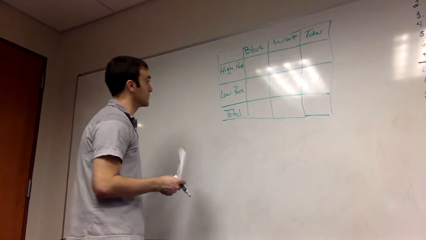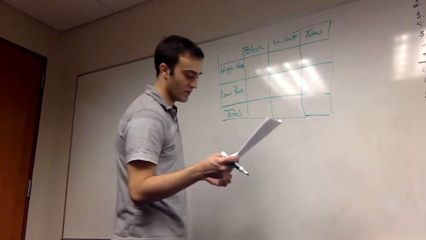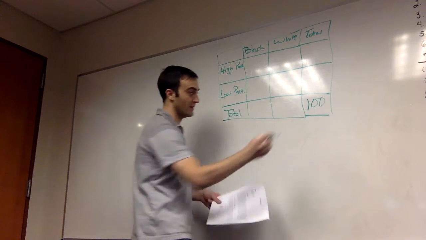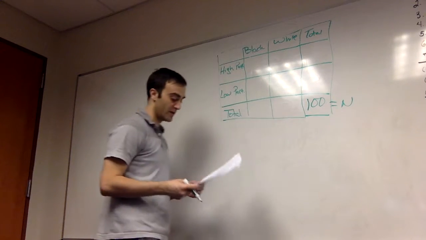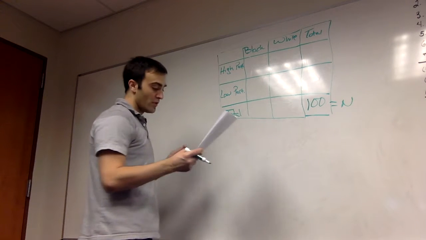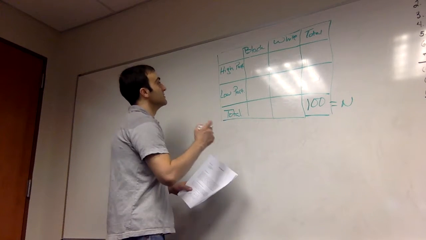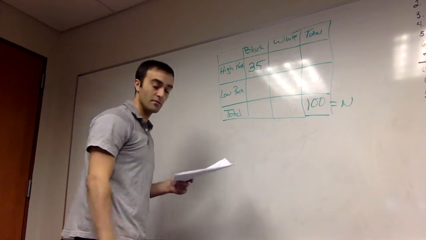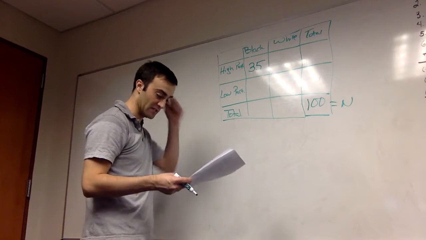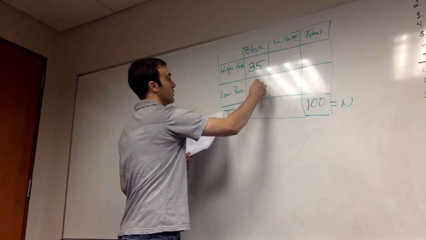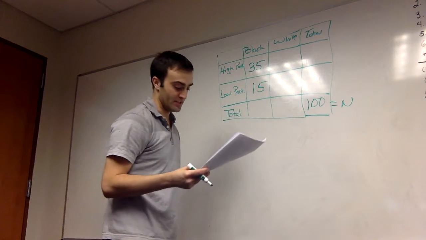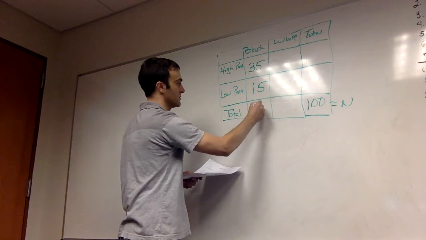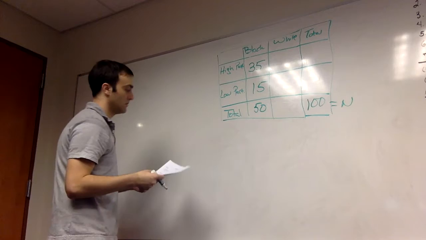The way in which to read this is there out of 100 people surveyed, that's your total down at the bottom right, that's your N, the number of individuals in the survey. 35 black individuals indicated that they were high participants in attending city council meetings. 15 blacks were low participants in city county meetings. That column total is 50, so a total of 50 blacks were surveyed.